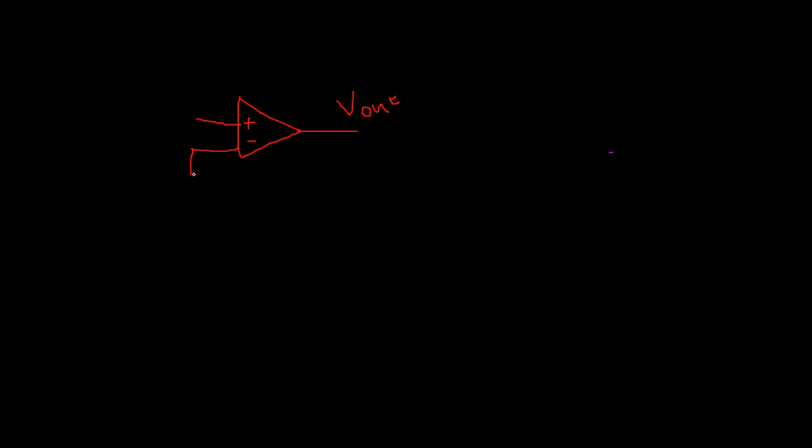If it is called an inverting amplifier, we will be giving the input voltage in the inverting terminal, and the non-inverting terminal will be grounded. So this is V out, and supply will be given here, Vs plus and Vs minus.